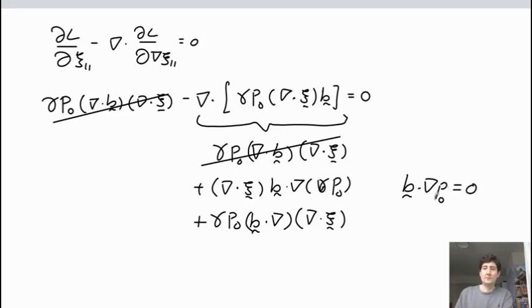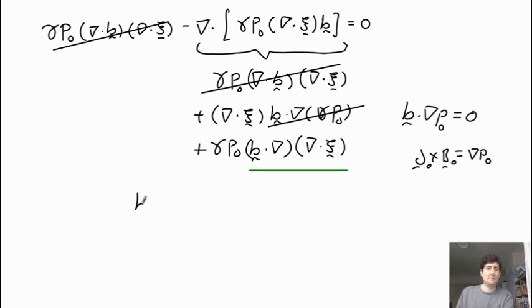This is equal to 0 because in equilibrium J cross B is grad P. These are all the equilibrium quantities, and so there's no gradient of pressure along equilibrium magnetic fields, and so this term here also vanishes, and so the only term that's left is this part here. Obviously gamma p is not 0, so this bit must be equal to 0.